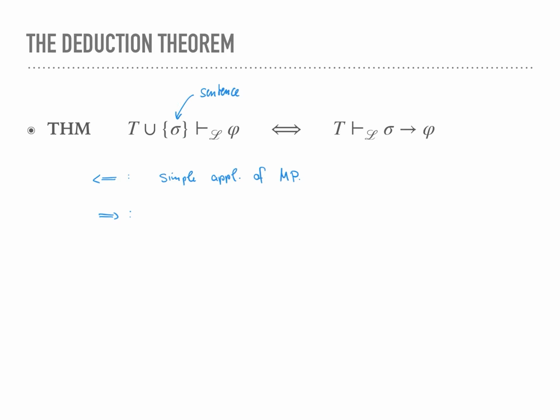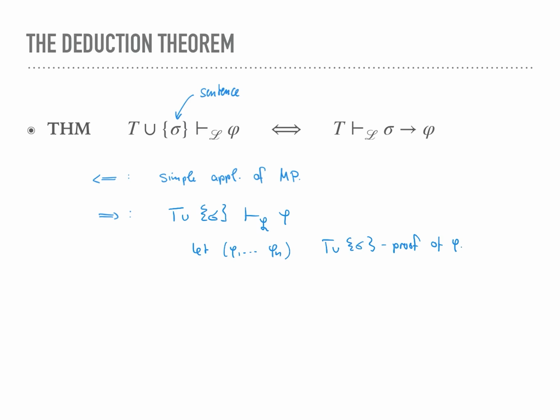For this direction, we suppose that T union sigma proves phi, and we let phi 1 up to phi n be a T union sigma proof of phi.